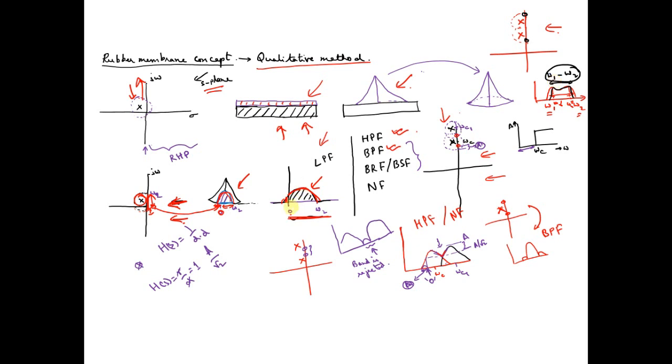Roll off is, look, suppose this is your average gain, A by root 2 is your cutoff frequency. Suppose this is the cutoff frequency, say omega c. After omega c, how the response is dying down is called roll off.